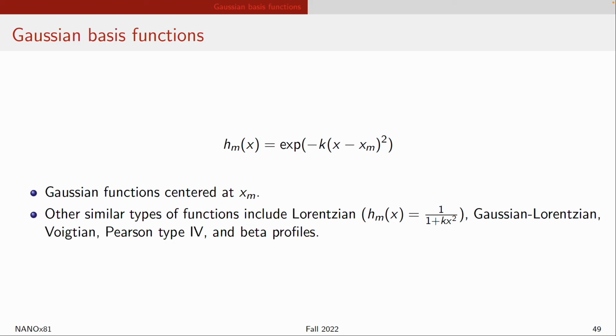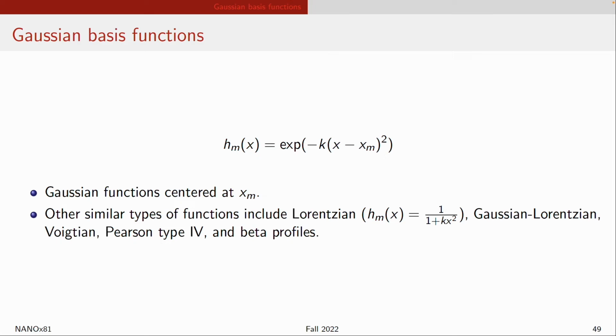The way that the width of the decay of the function works is a bit different compared to your Gaussian basis function, right? And you can, of course, also combine different types of basis functions of this type. For example, the Gaussian-Lorentzian function. There's another type of function called the Voigt function, so on and so forth.